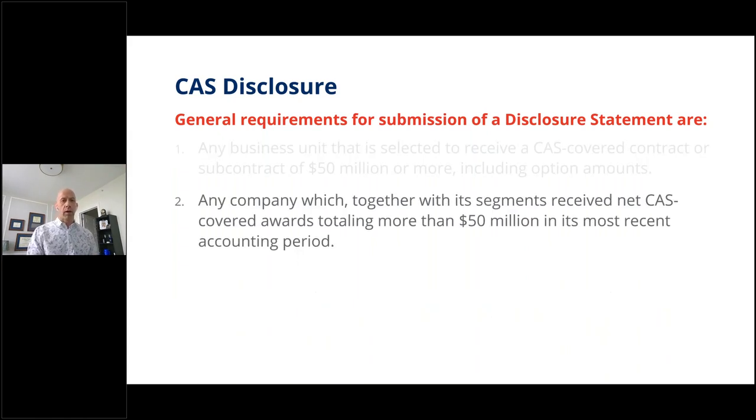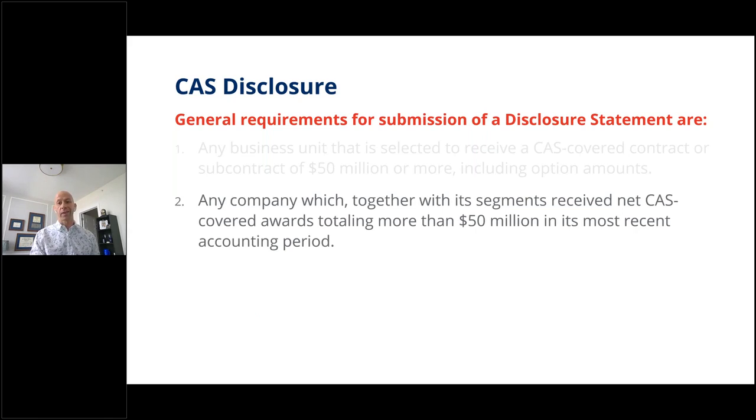Important to note there. Other general requirements: any company together with its segments that received net CAS-covered awards. This again is really important. If you're part of a company that has multiple operating segments, hopefully you are not operating in silos, and you're communicating with each other about what's going on in these other segments.